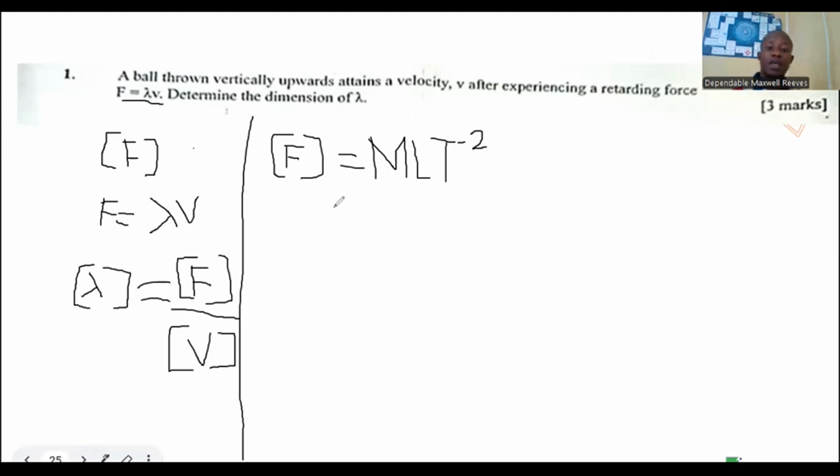Now, in mechanics, the dimension of any physical quantity is always expressed in terms of M, L, T. So note this.